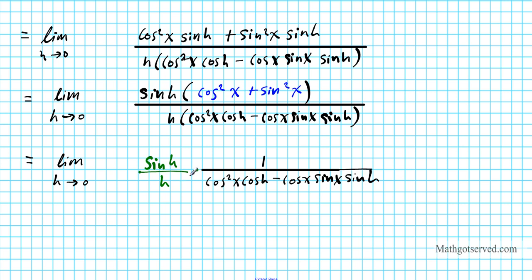Okay? All right, now we're going to use the product property of limits to finish this off. The limit of a product of two functions is the product of the limits of the independent functions. So what we're going to do is distribute the limits to both of these two functions right here.